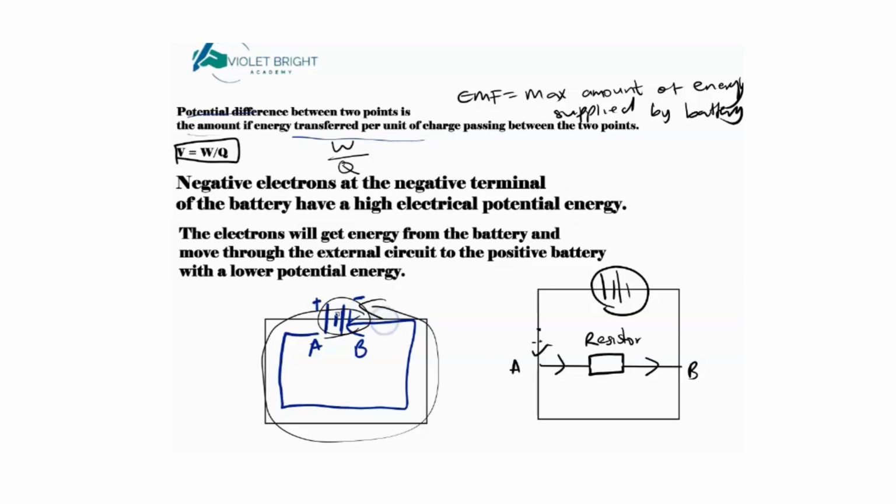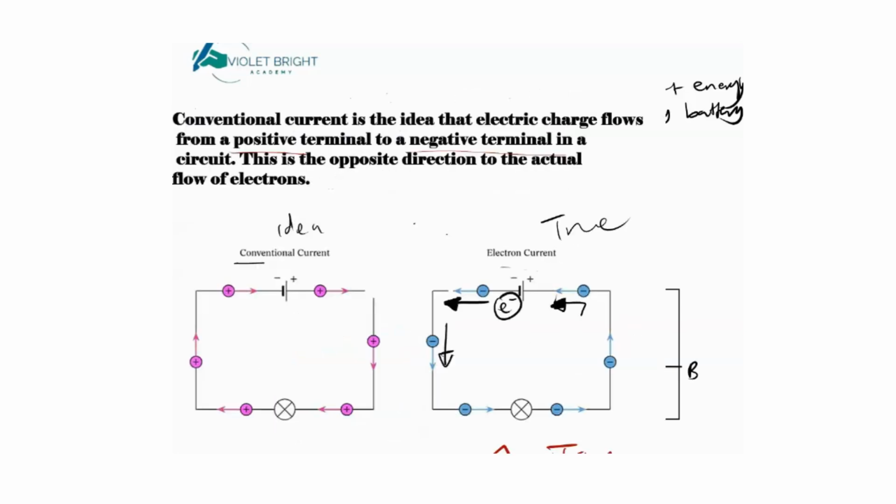This is the reason why we say they have potential energy. The ones at the positive terminal of the battery have a low potential energy, because, still remember the slide, that energy will move from the positive according to conventional current. So remember how this moves.